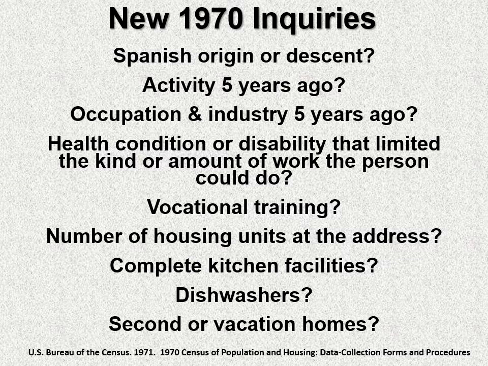There were a number of new 1970 inquiries: Spanish origin or descent. What were you doing 5 years ago? An interesting one, which surprised me: health condition or disability that limited the kind of amount of work the person could do. Vocational training, kitchen facilities, owning second or vacation homes, etc.